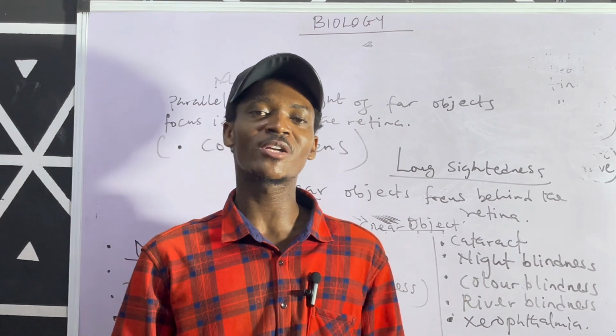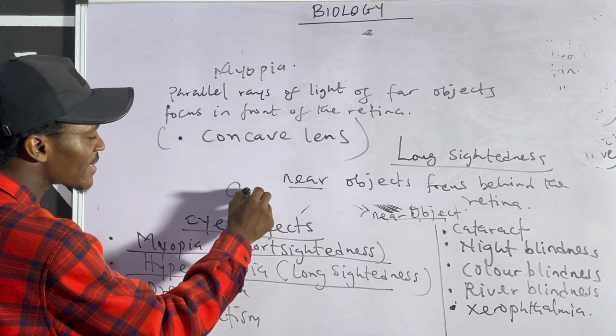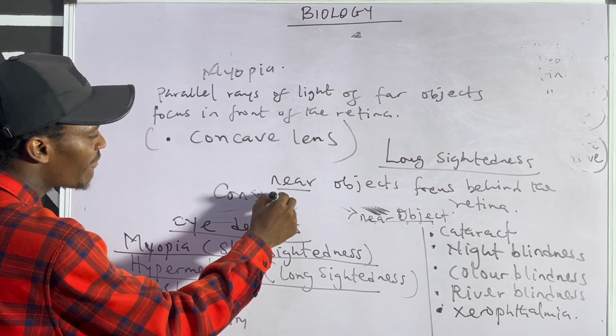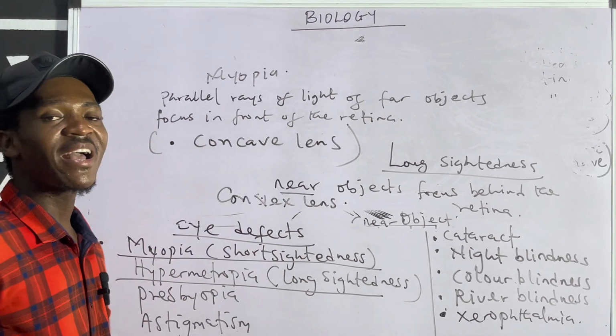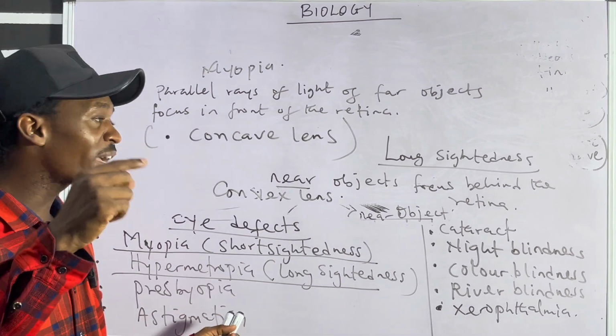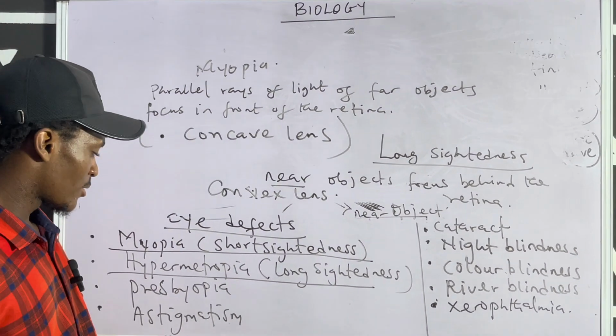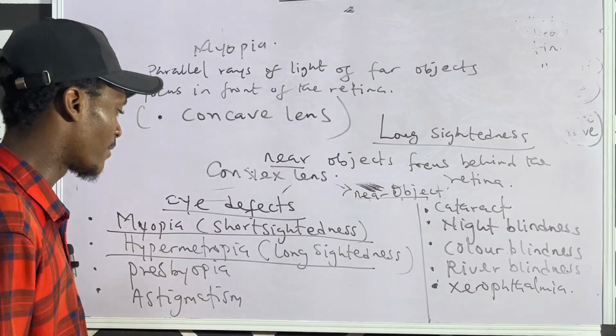And what is the correction measure to this? It is with the use of convex lens. So convex lens is used to correct long-sightedness, while concave lens is used to correct short-sightedness. So don't forget that. Alright?